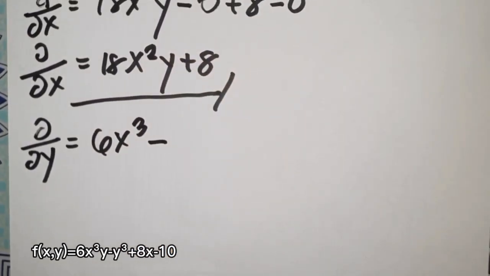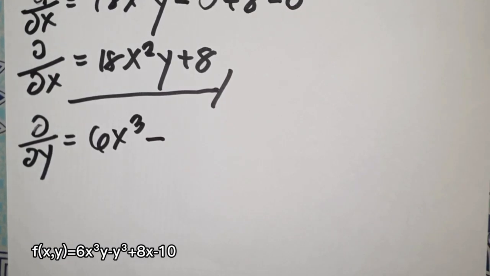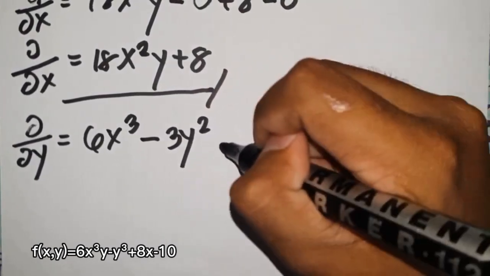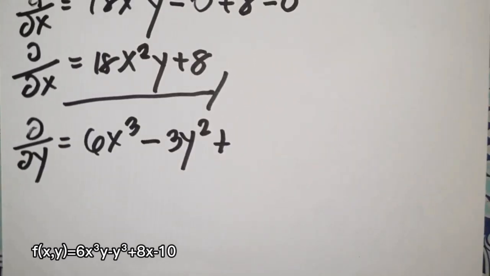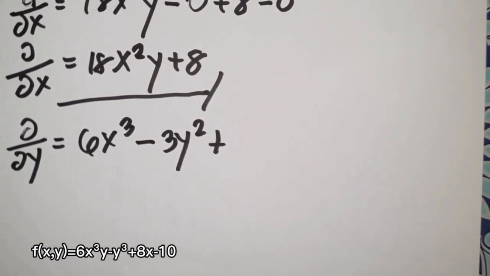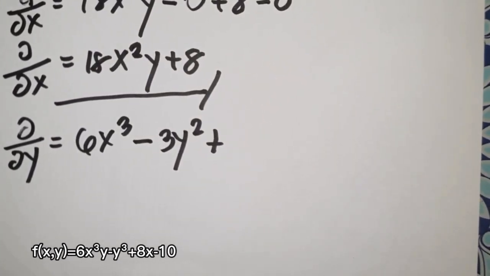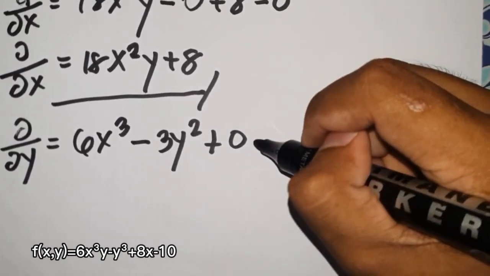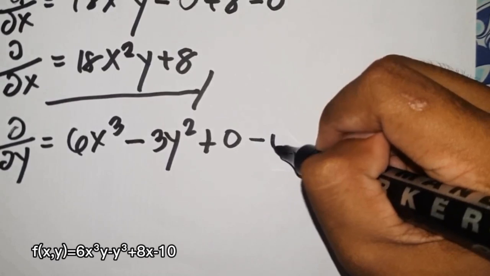Minus the derivative of y cubed with respect to y, which is negative 3y squared. Plus the derivative of 8x does not depend on y, so its derivative with respect to y is 0. And the derivative of negative 10 is 0.